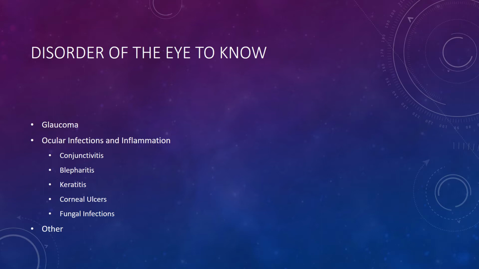The other type of glaucoma is called closed angle glaucoma, and it may occur when pupils are dilated and the outflow of the aqueous humor is blocked. And it's usually an acute situation requiring emergency surgery.